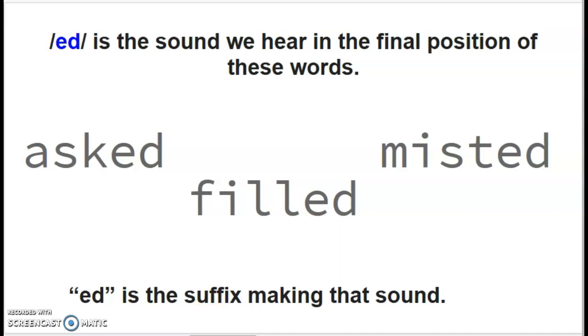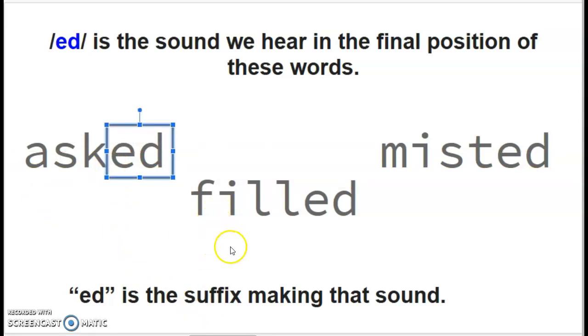Repeat these words after me. Asked, filled, misted. We need to box in the suffix of each word. What's the root word of asked? Right, it's ask. So we box in the suffix, ed.